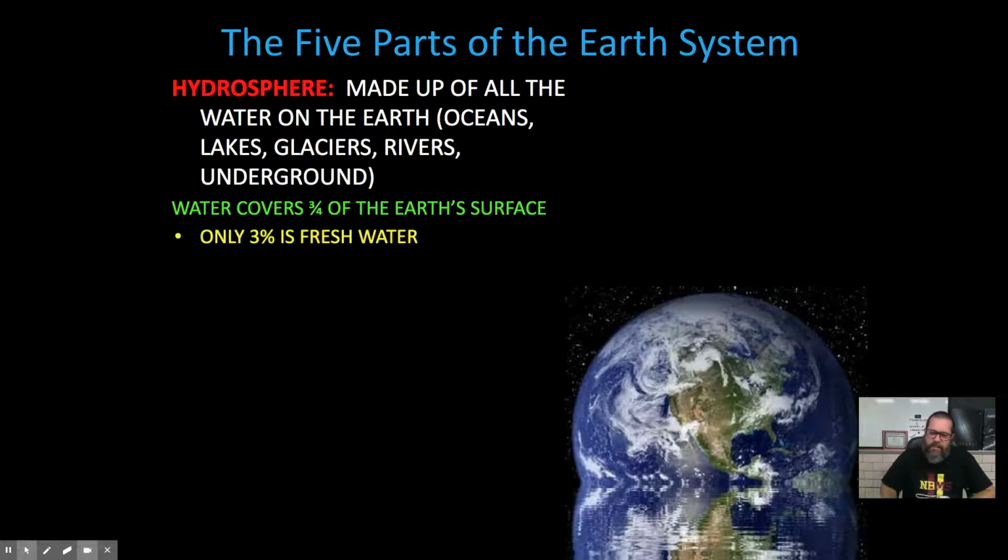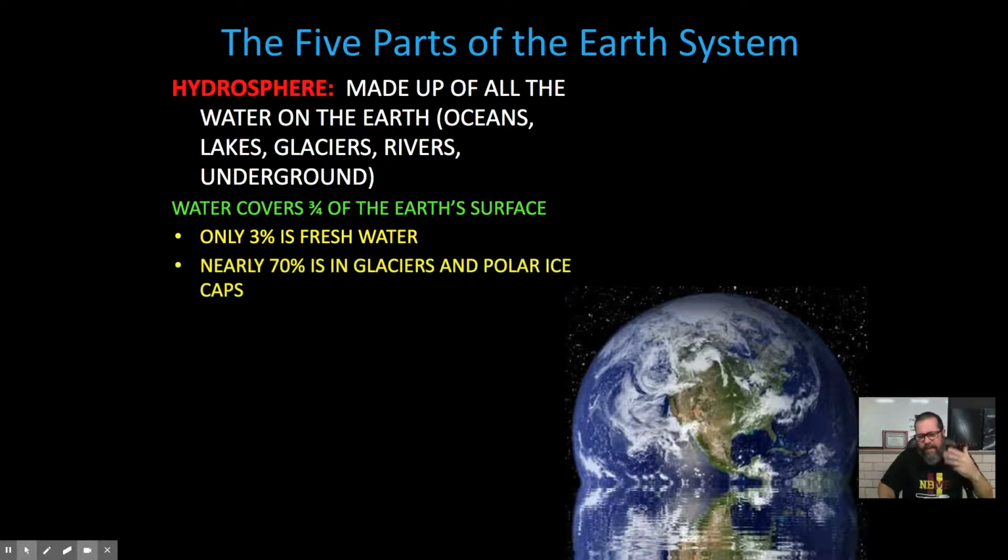Well, what you need to understand here is that of all of that water on this planet, only 3% of it is actually fresh water, which is the water that we need to cook, to drink, to bathe, and things like that. 97% of the water on this planet is salt water, which is pretty much useless for many of our purposes. So, 3% fresh water. And if you break that down more, 70% of that 3% is trapped in glaciers and polar ice caps.